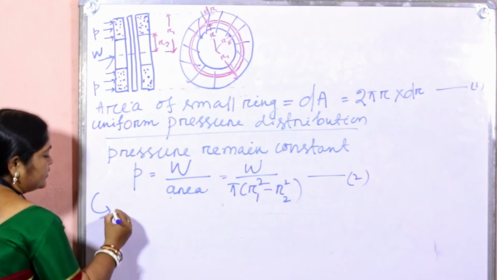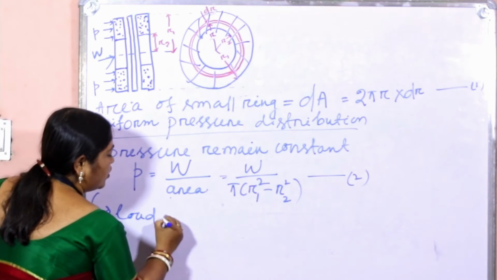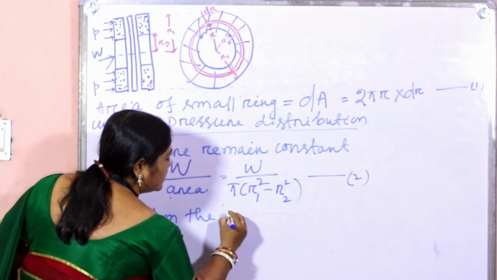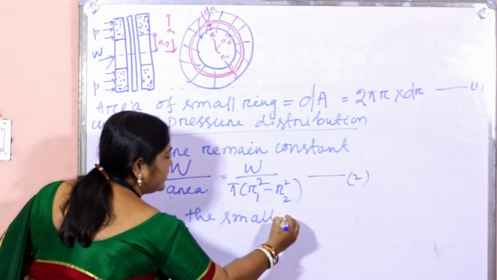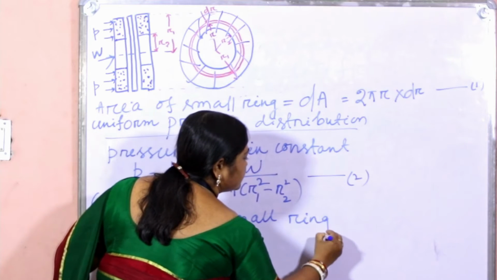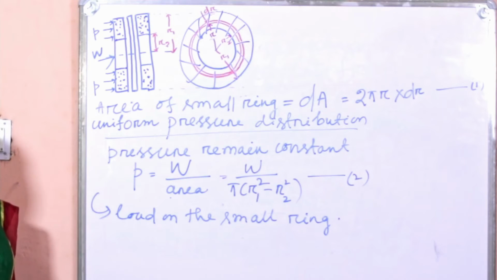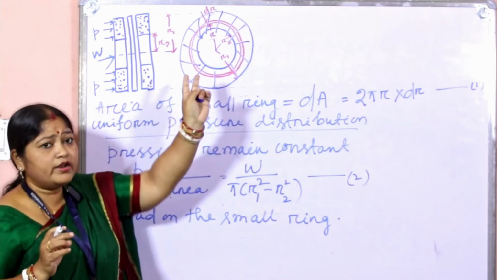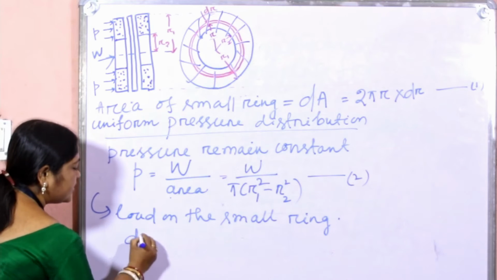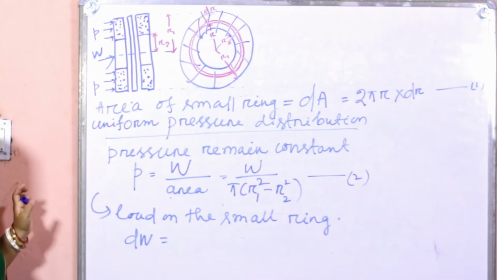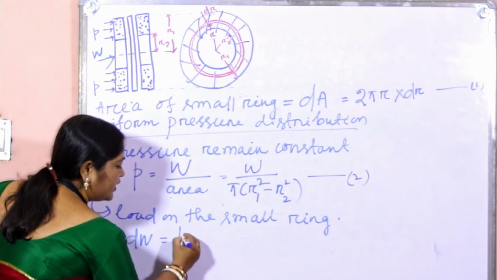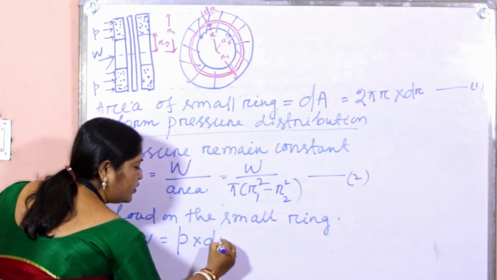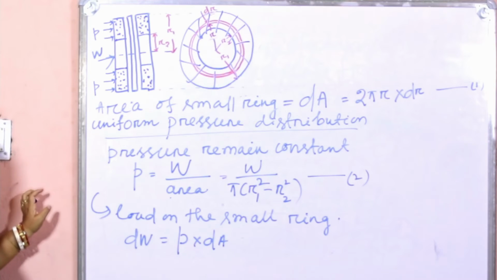If we calculate the load on the small ring, what is the amount of load imparted on the small ring? I am denoting it as dW. So dW is equal to pressure into area of that small ring.